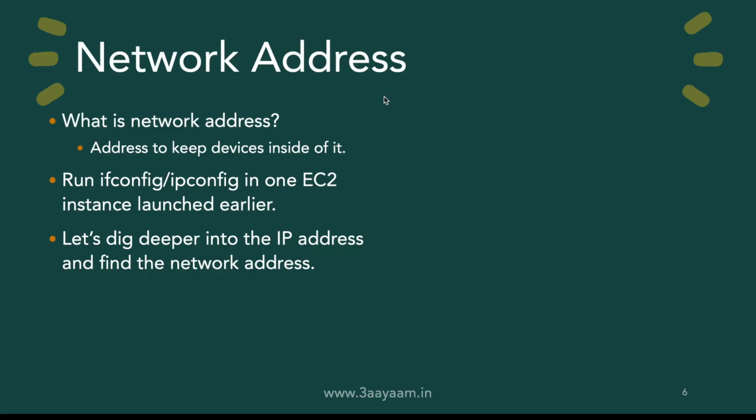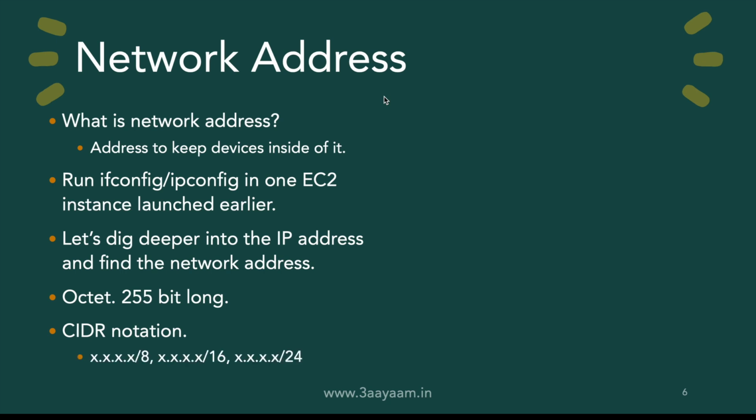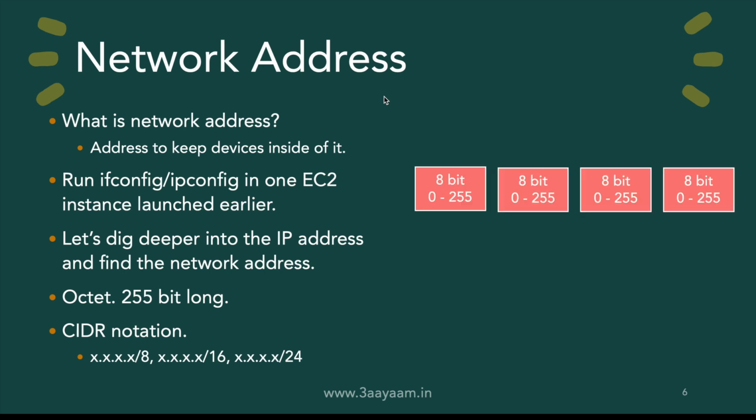So as I said, let's dig deeper into the IP address and find the network address. Each octet is 8 bits long, and the network address is written in CIDR notation. The full form of CIDR is classless inter-domain routing. It can be something like an IP address followed by /8, /16 or /24. So these are the 4 octets that we have seen.